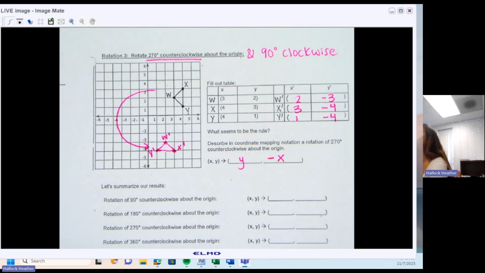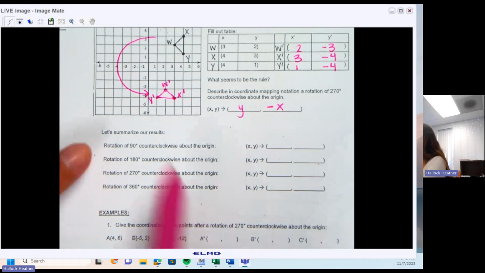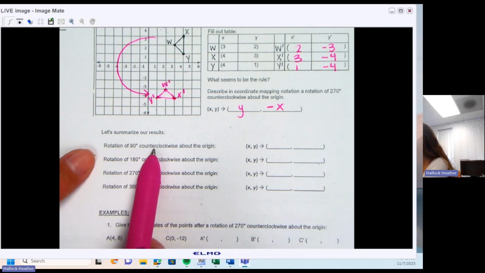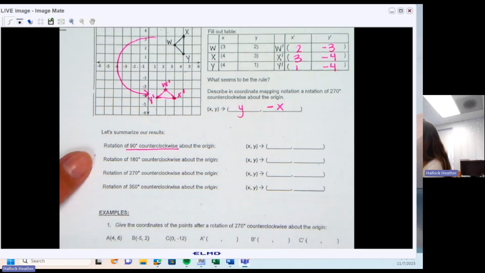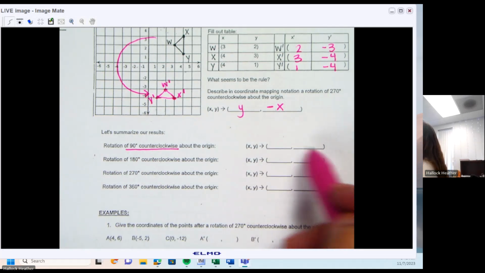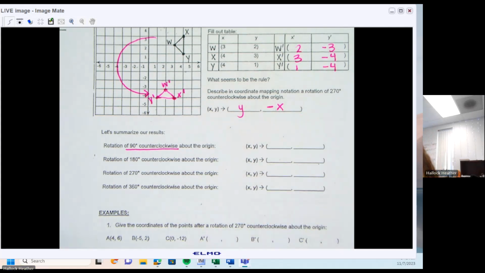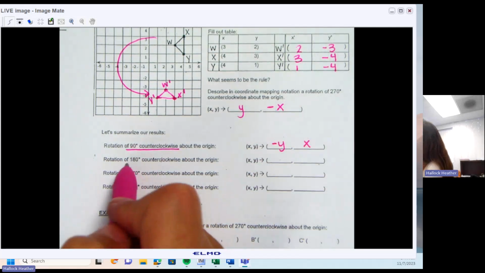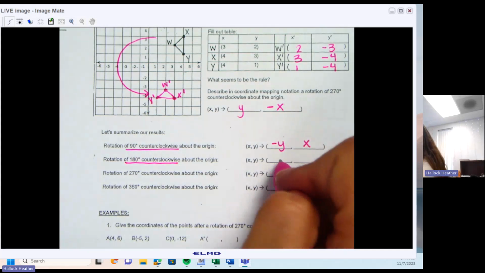Okay, so now we're going to summarize this. We're going to put all of our rules right here so they're nice and in front of your face. A rotation of 90 degrees counterclockwise about the origin: what is the rule? -y, x. If I do 180, it does not flip.